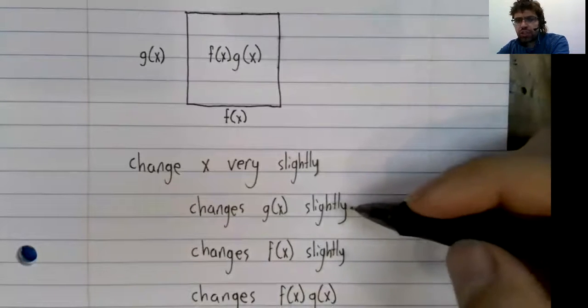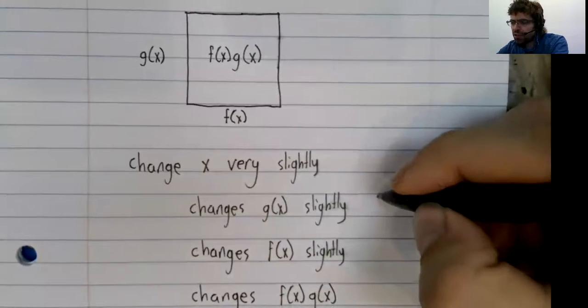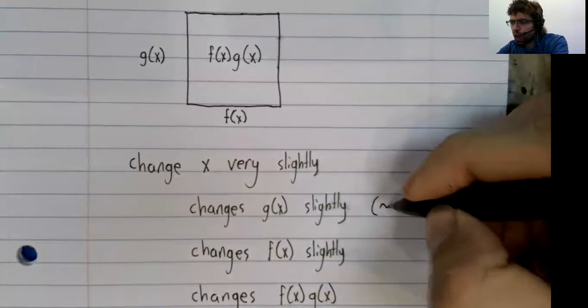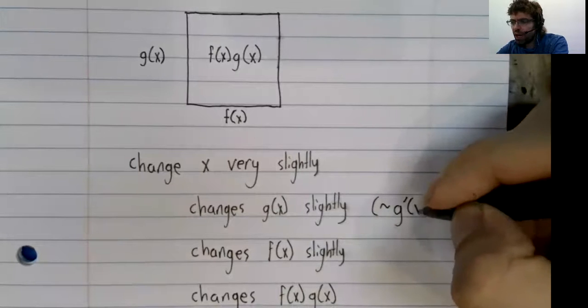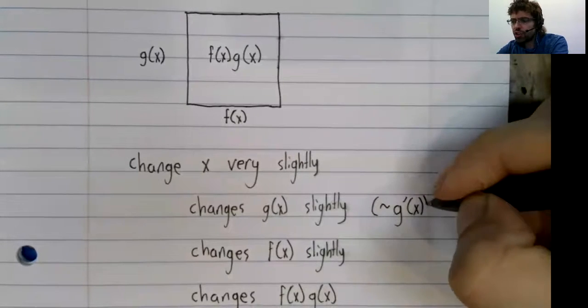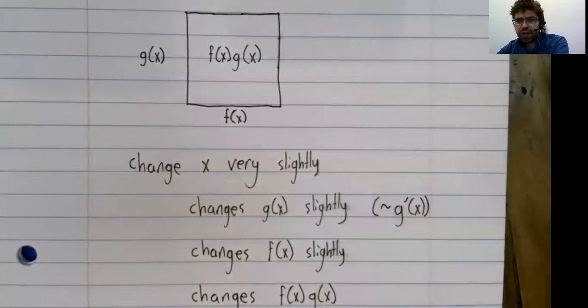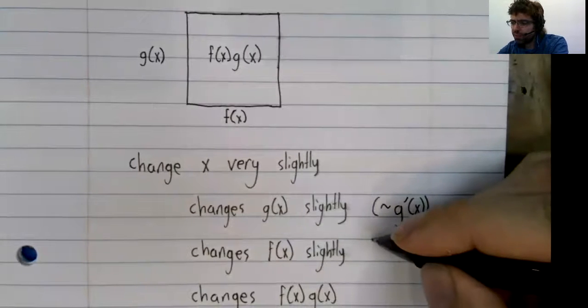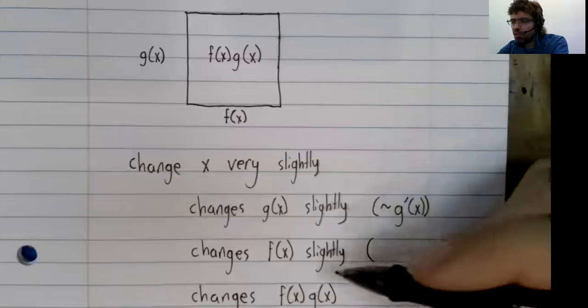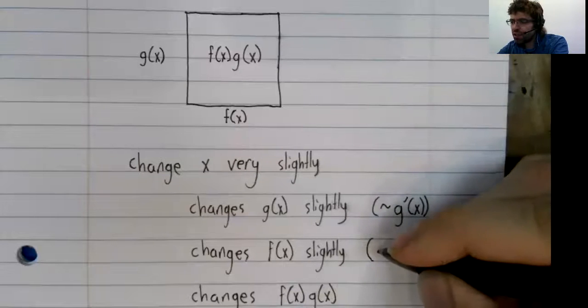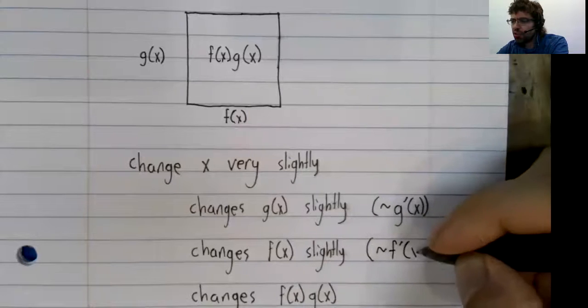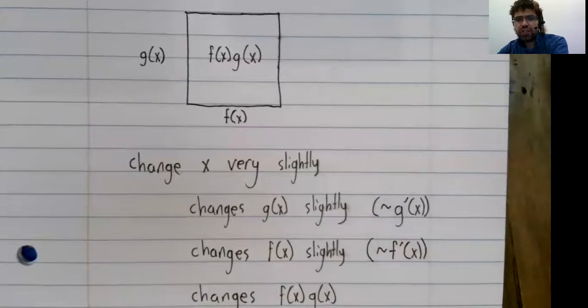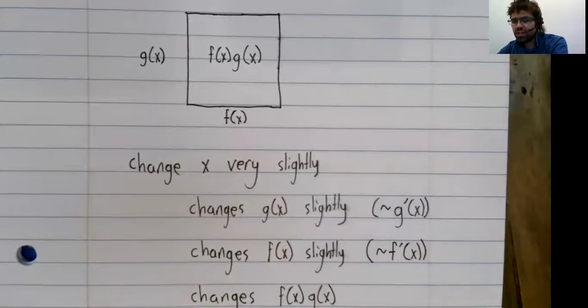And how much does it change g of x? Well, approximately by the rate of change of g of x. How much does it change f of x? Well, approximately by the rate of change of f of x.